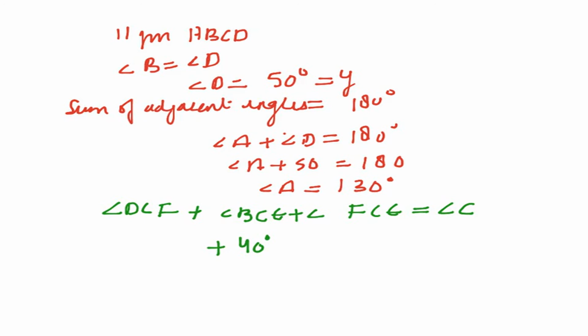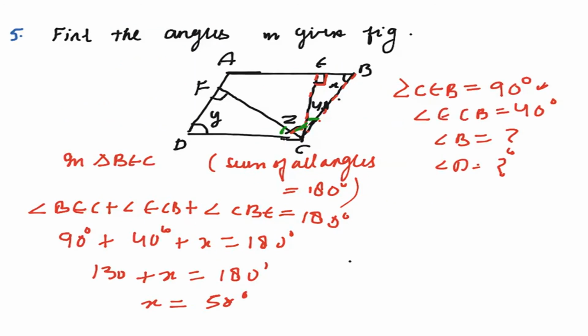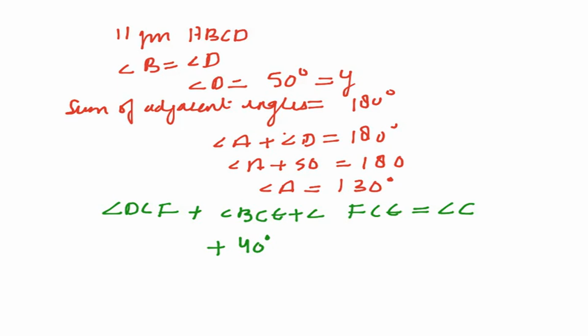Now next we know, okay, before this we have to find out one more value. Now let's consider the triangle DFC. So let's take in triangle DFC, right? Here the sum of the angles of a triangle is 180 degrees.